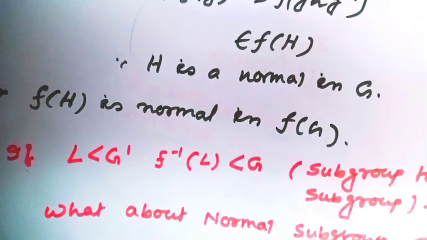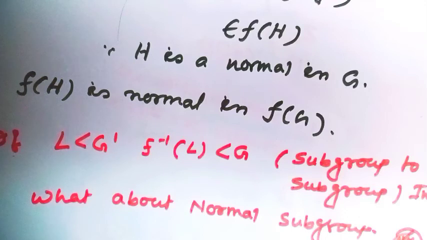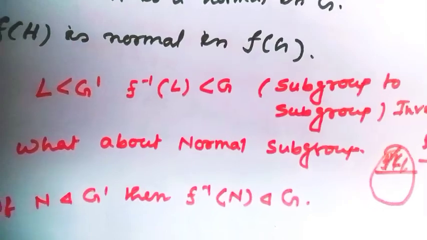Well, this result is also true for the inverse mapping. If L is a subgroup of the group G dash, then f inverse of L would be a subgroup of the group G. That means the subgroup under the inverse map will also be a subgroup, and this is also true for normal subgroups.